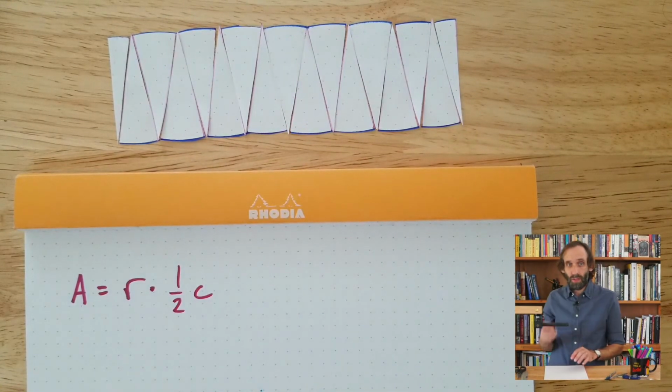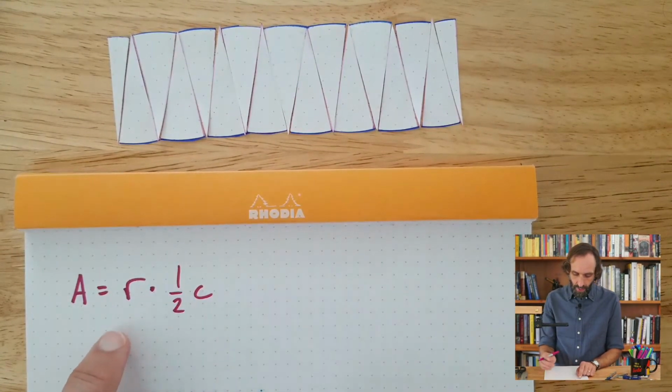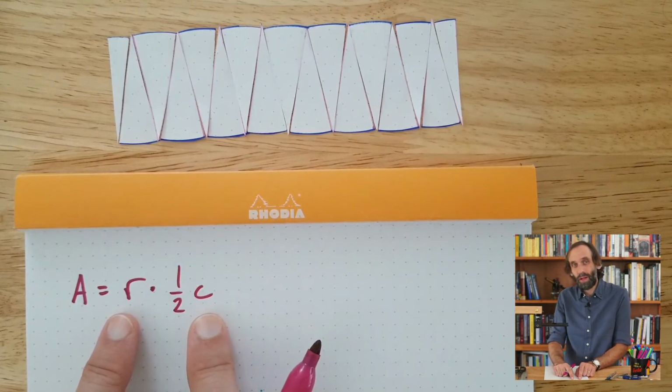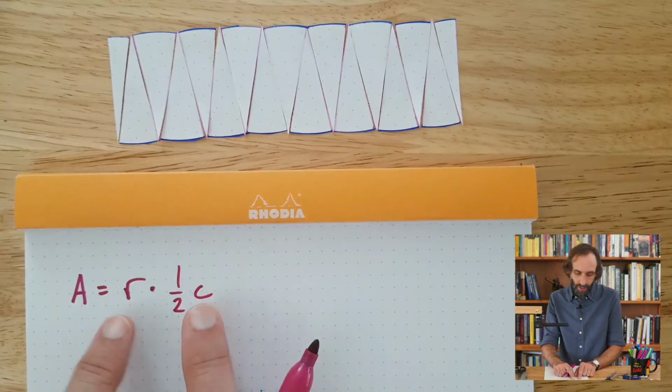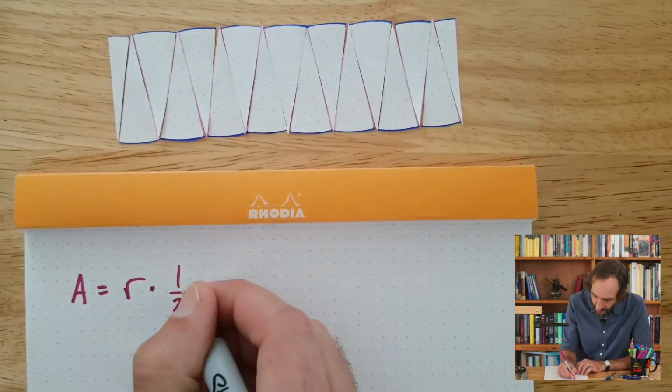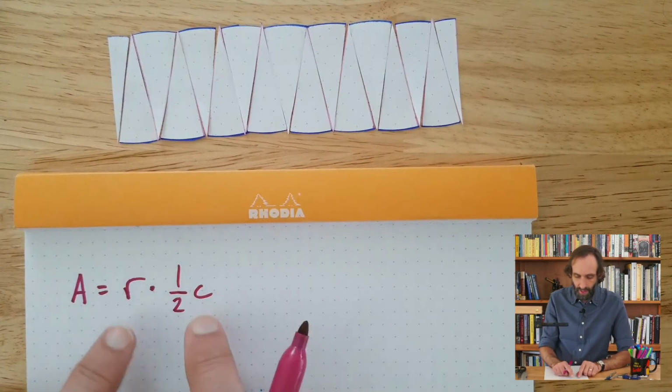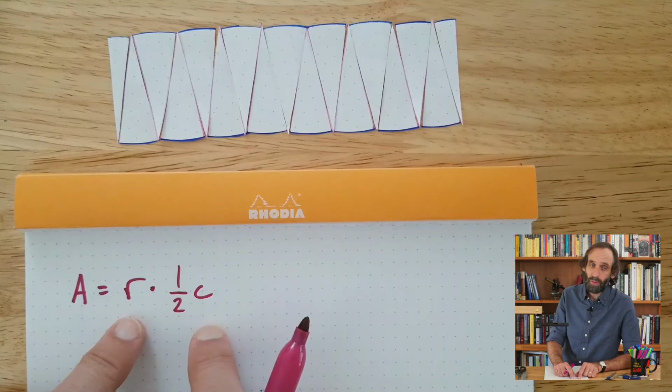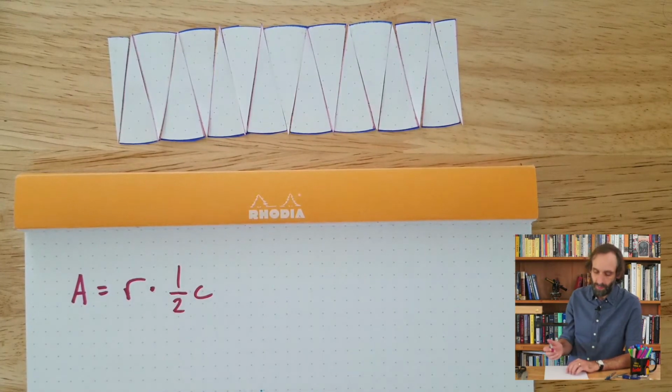Well, let's do a little substituting, because having multiple variables in here, while it's still a formula that we could use, is maybe not as simple as we would like it. We'd like to be able to plug in one number instead of multiple numbers if possible.